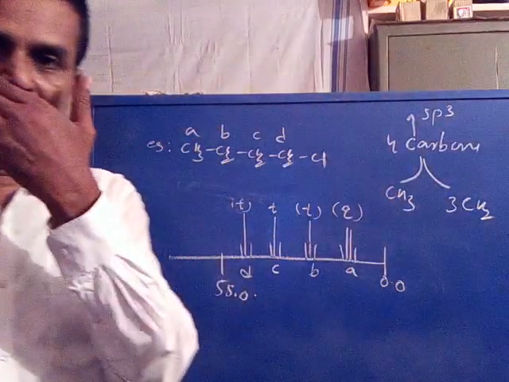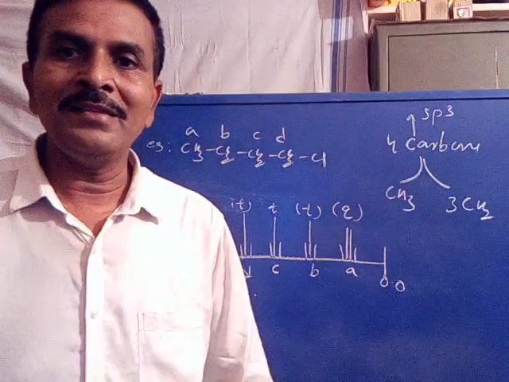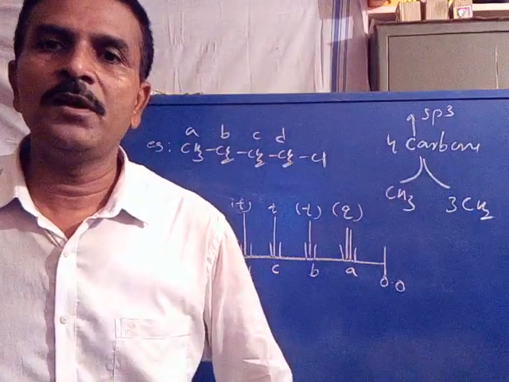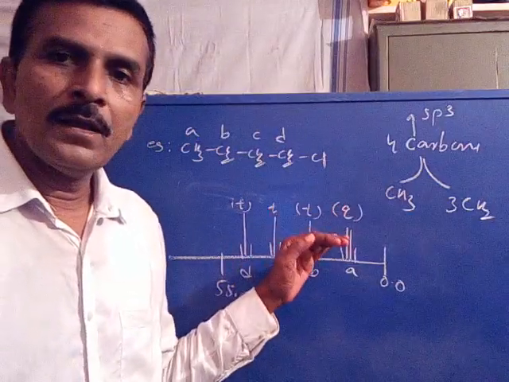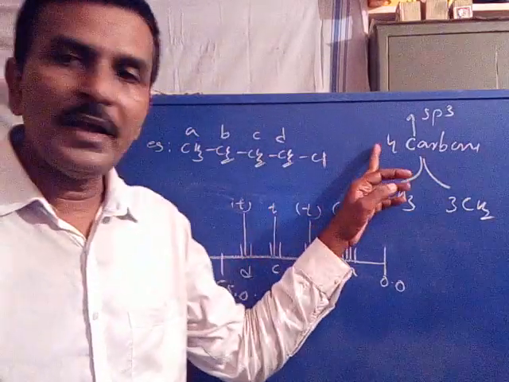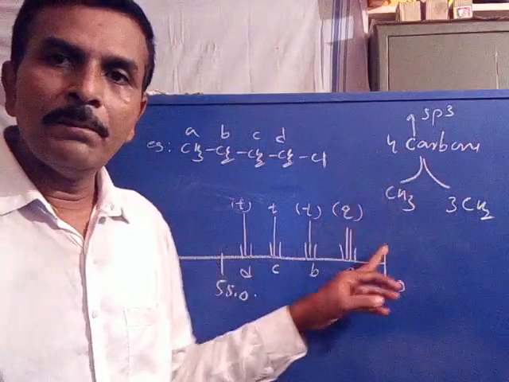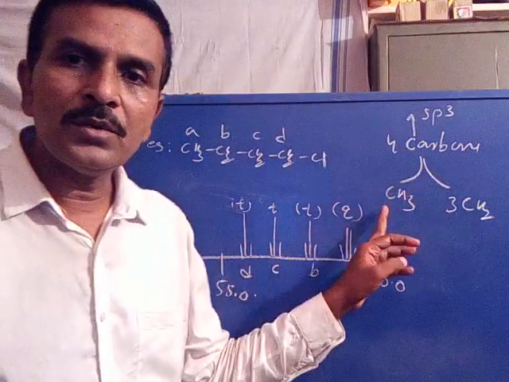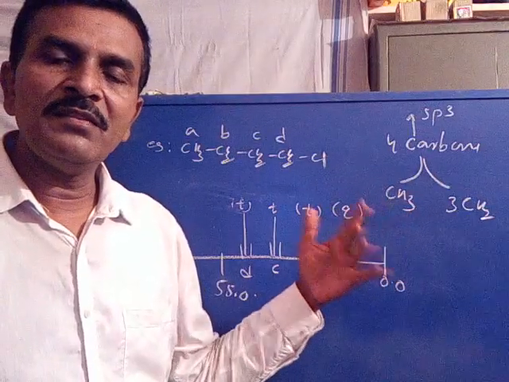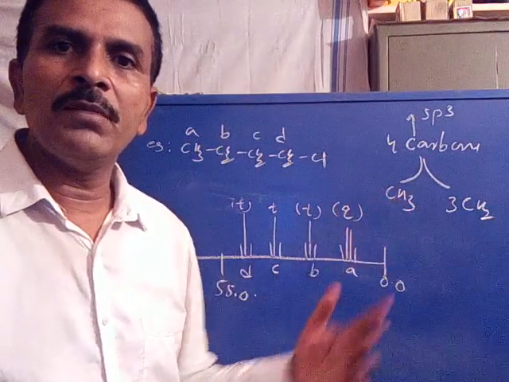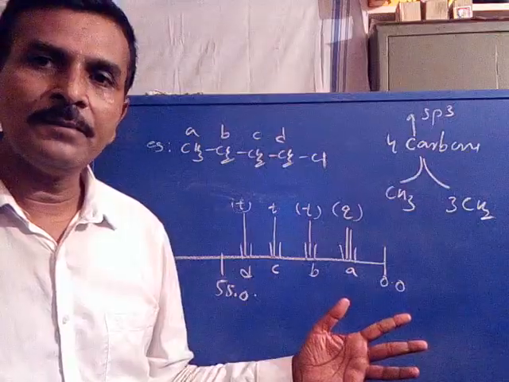How can we identify it? Based on the range of delta value of every carbon. So according to the first information, the number of signals is equal to the number of carbons. Multiplicity is related to the number of hydrogens attached to each carbon. In that way, CH3, CH2, CH and carbon without hydrogen can be identified.